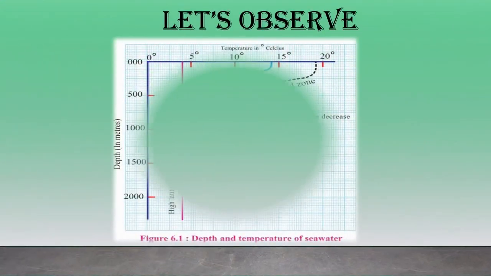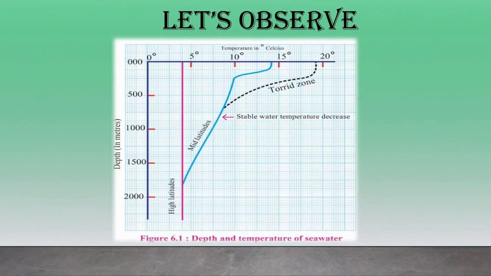Now, let's observe the thermal graph. With the help of the graph, we will study the changes in temperature of seawater with reference to depth in different latitudes with the help of figure 6.1. The title of the graph is Depth and Temperature of Seawater.